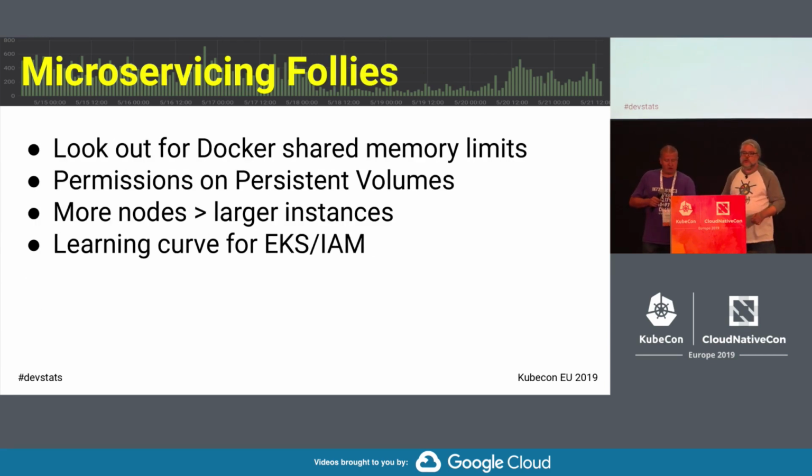Now, I did run into a couple of problems in the course of making this work. The biggest problem was with Docker, which was limiting shared memory available to a pod to 64 megabytes. This is obviously a very low value for a database. So we did a trick that's also used by OpenShift.